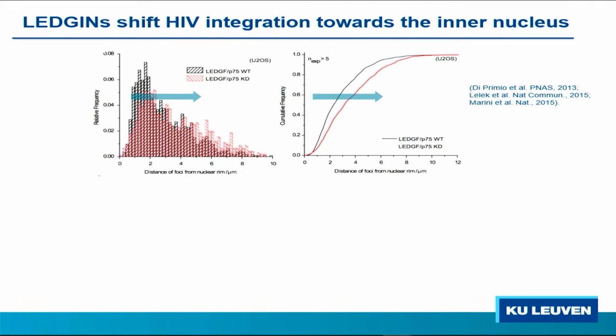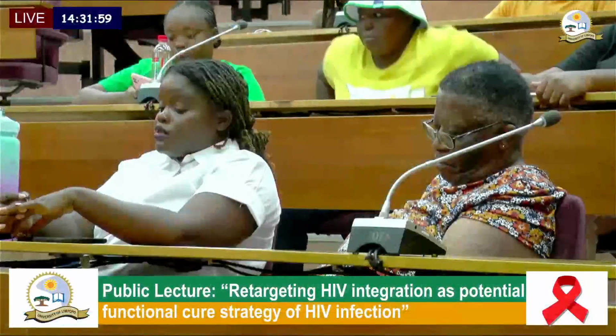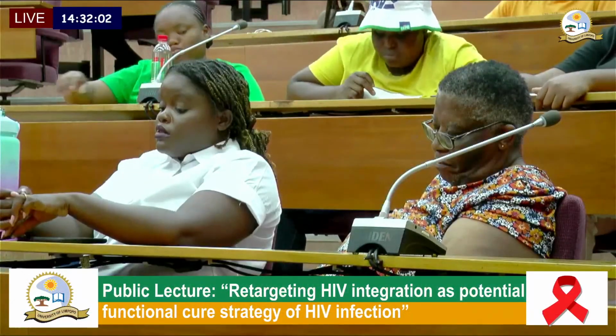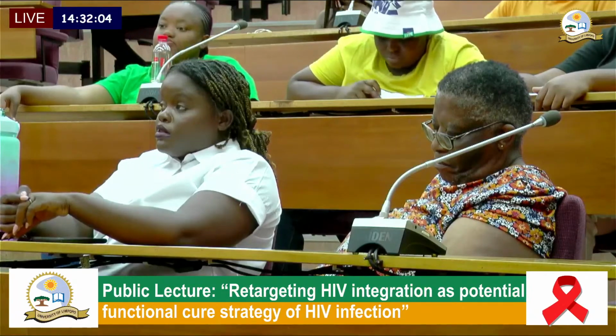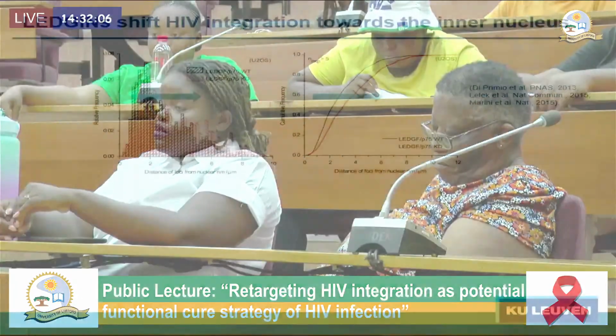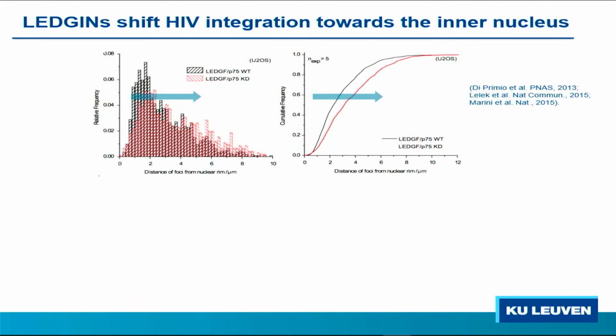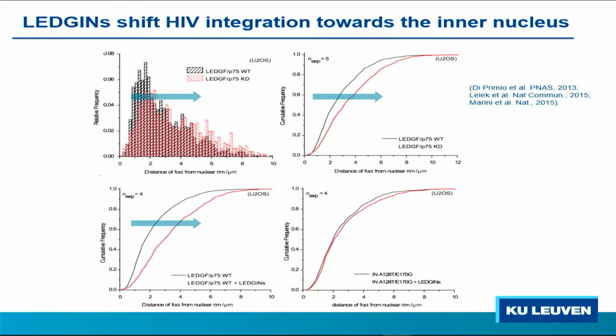And so what do we see? If we knock down LEDGF, we published that before, we see that the virus drifts more to the center. So the virus comes in, it wants to see LEDGF as a GPS, there is no LEDGF, so it starts to drift and it takes longer, it diffuses longer to get integrated. And we do the same experiment with the legend, and we see an even stronger shift towards the nucleus center.